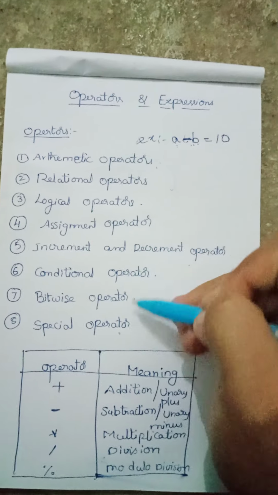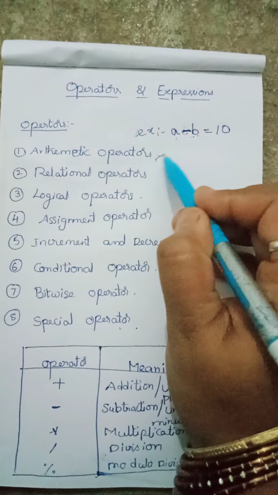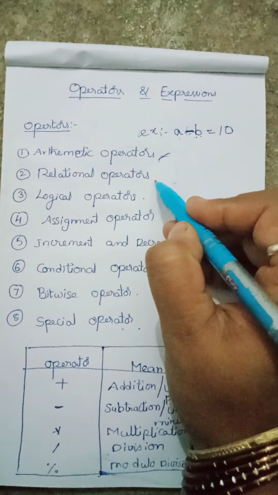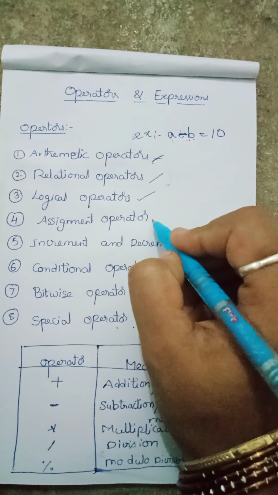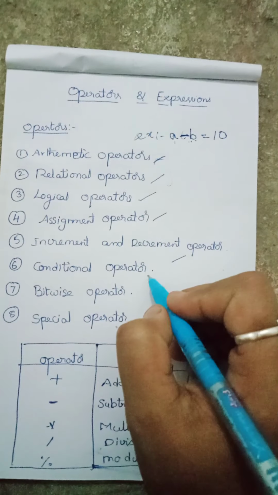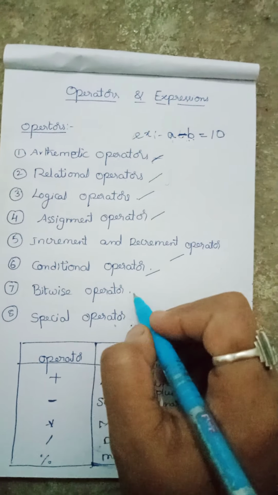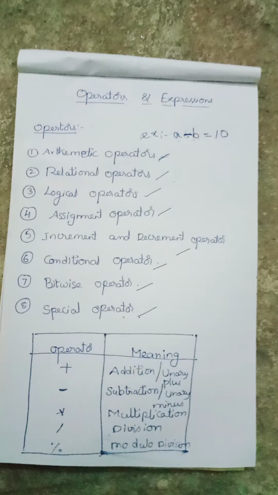There are 8 types of operators: first one, arithmetical operators, relational operators, logical operators, assignment operators, increment decrement operators, conditional operator, bitwise operator and special operator.